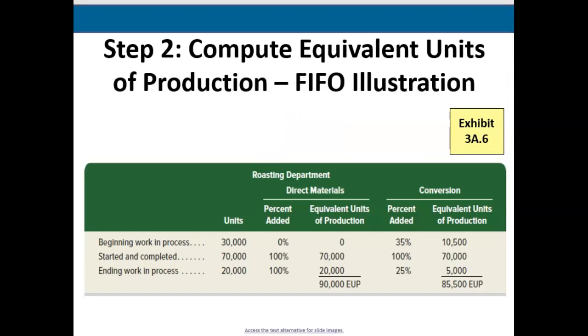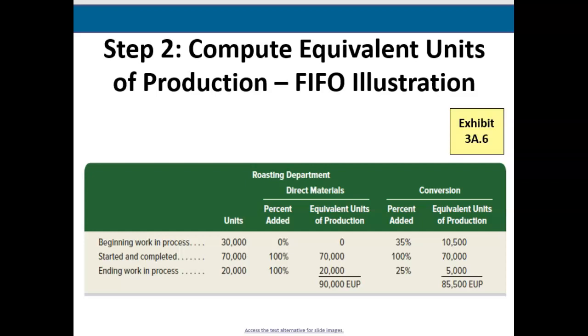Step 2. Compute equivalent units of production with FIFO. With direct materials, the total equivalent units of production is 90,000. So we have 70,000 and we have 20,000. Beginning work in process, well, we already had 30,000 that were 100% complete with respect to direct materials.